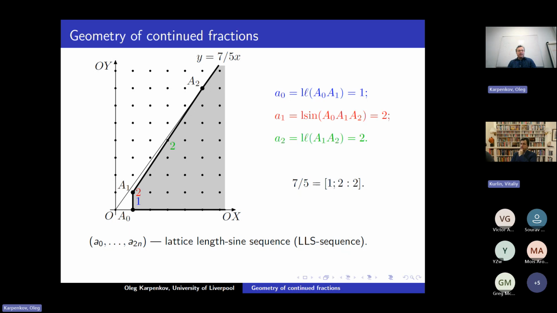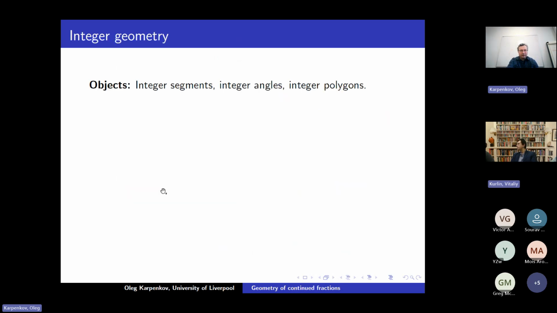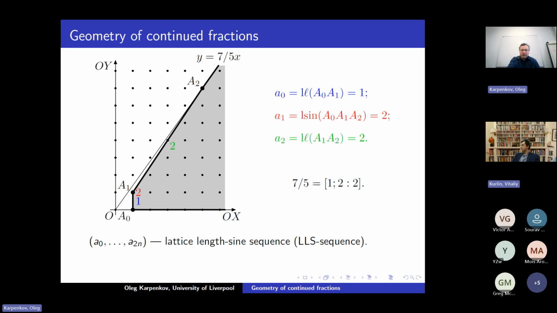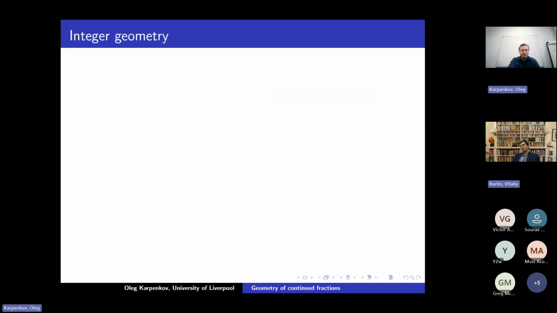If you can do that, then the index would be 2. You need 2 bishops in order to cover the whole lattice. And by the way, this sequence 1, 2, 2 is called the LLS sequence, lattice length sign sequence. It's not written, so this is just for us to remember.